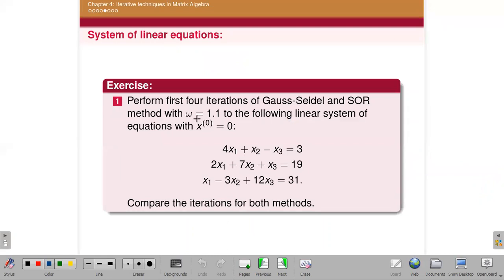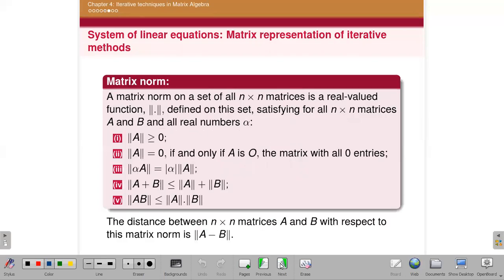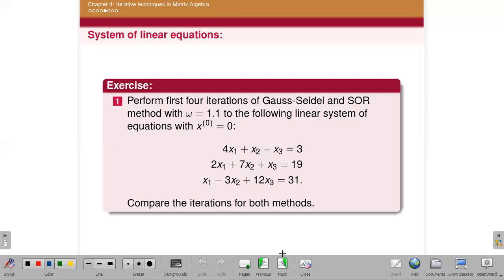Gauss Seidel you have to use as it is, and in SOR you have to use omega with 1.1, the following linear system of equations. Then compare both the iterations. So do this question. Any doubt in Gauss Seidel and SOR methods?